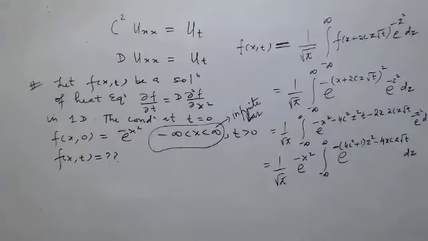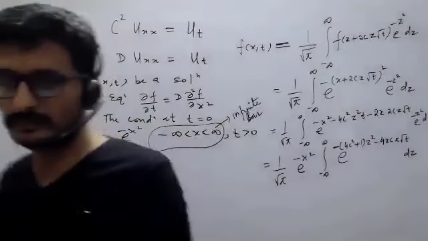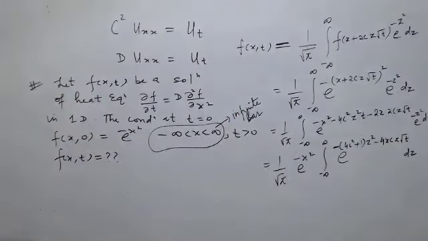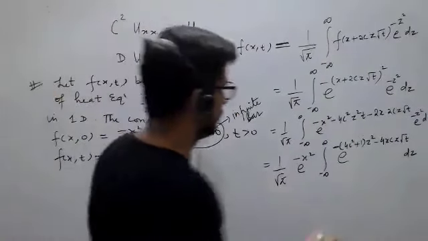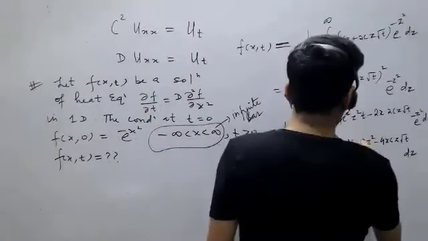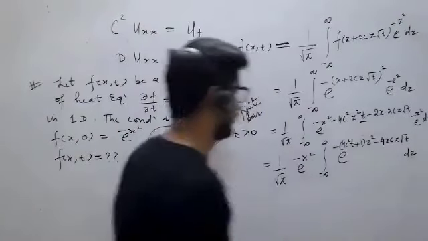Correct? So this will become e to the power 4c square t plus 1. 4c square t will come, right? Yes, t will also come, 4c square t, because t is also there.